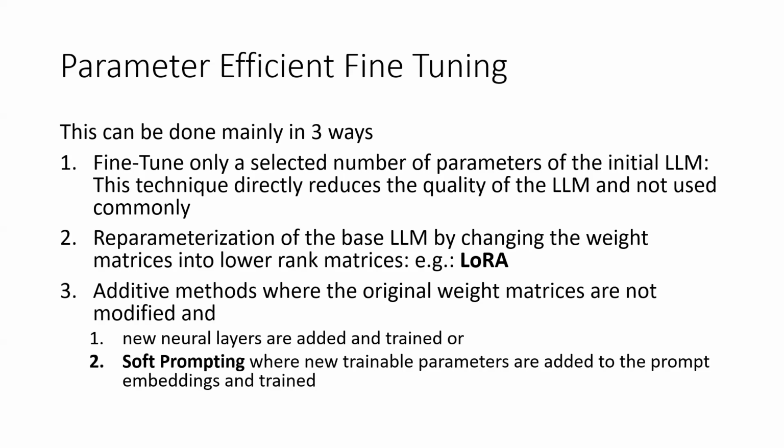Here, we take the weight matrices and convert them into two matrices, so that you are basically converting them into lower rank matrices, and then you can update only some of the parameters after reparameterizing the weight matrices.